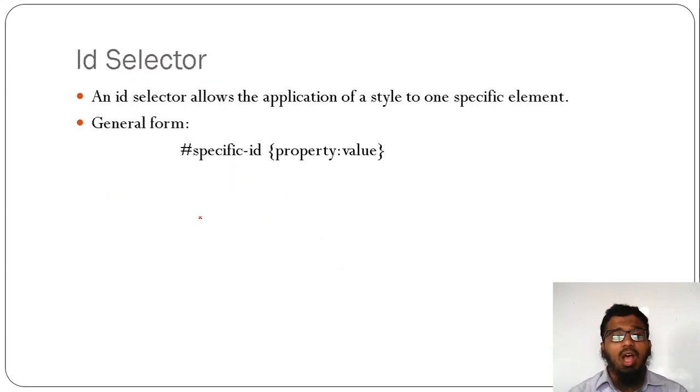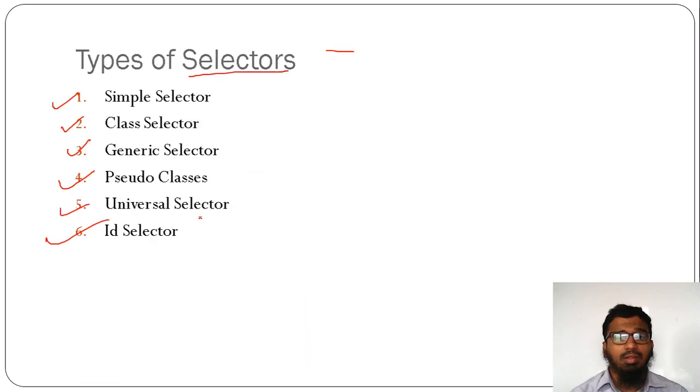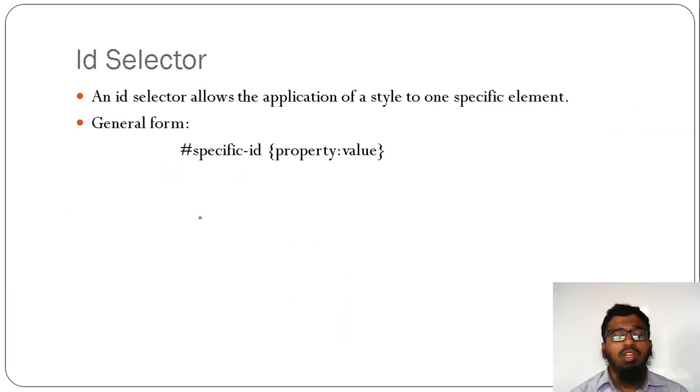Next one is the ID selector. Last one is the ID selector. The ID selector allows the application of a style to one specific element. How can we write this? Hash, then a specific ID.